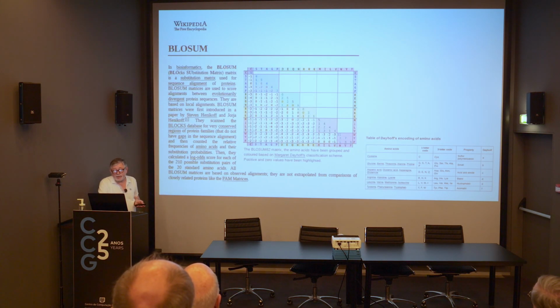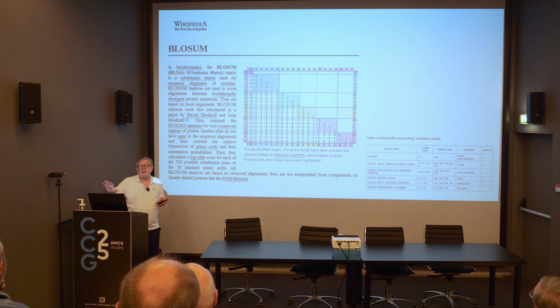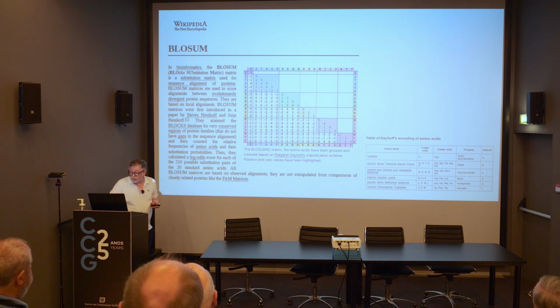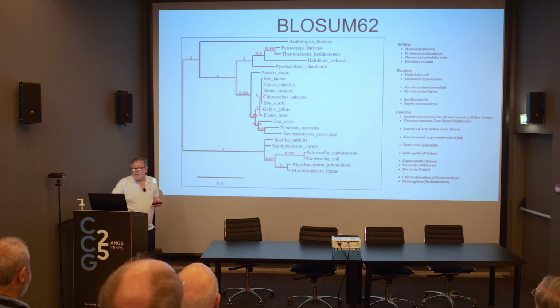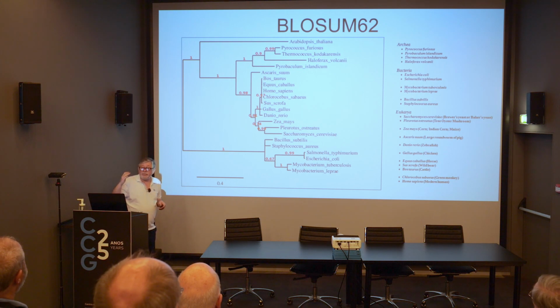The BLOSUM matrix is used to get a sort of standardized phylogenetic tree, and we wanted to see, of course, how it works. So these are results for RecA in 3 kingdoms, and we see that it works very well.